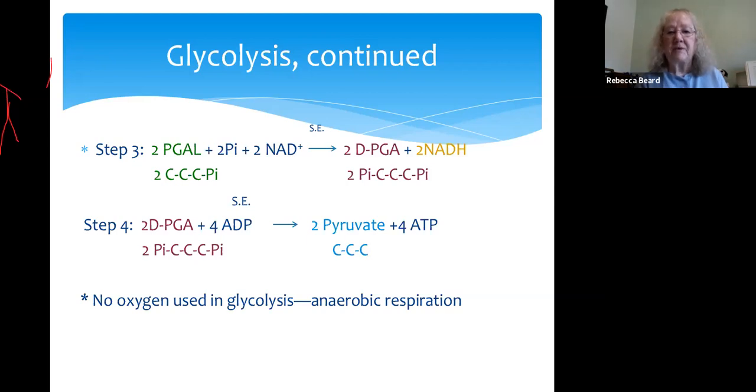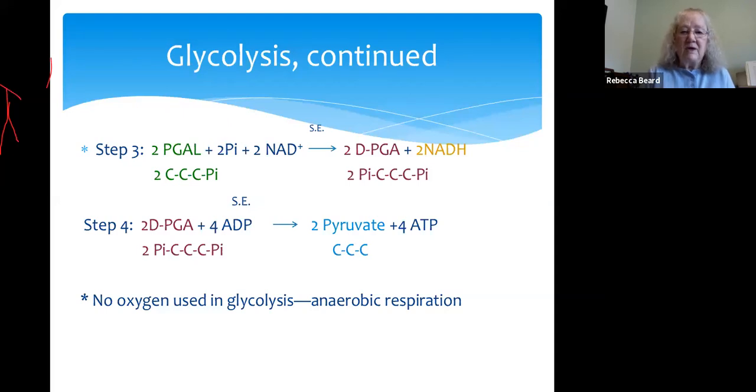Now, all of this is happening in the cytoplasm. So you may wonder, where did these phosphorus molecules come from? Where did these NAD molecules come from? Those are molecules that are available in the cytoplasm of the cell, so that there's a rich store of materials for the cell to use in going through these reactions, because it does go through these reactions pretty continually.